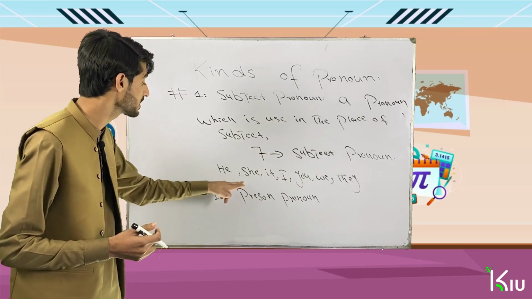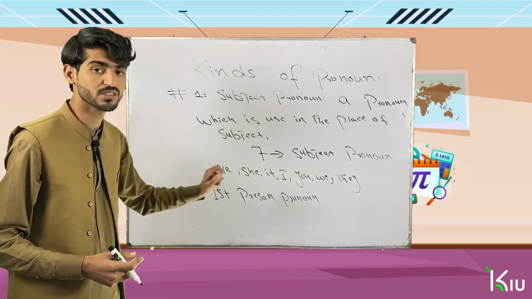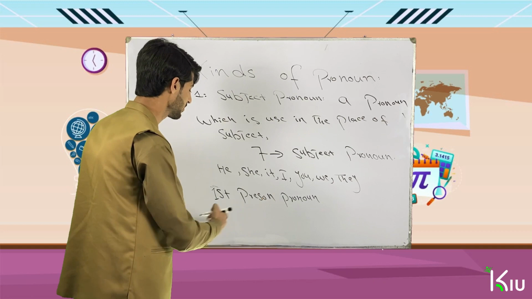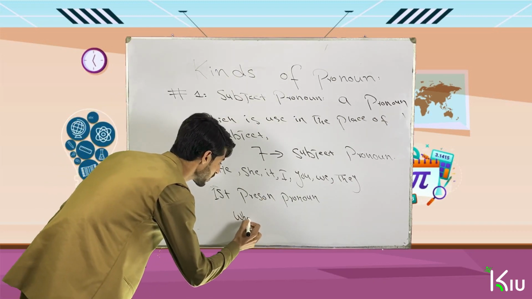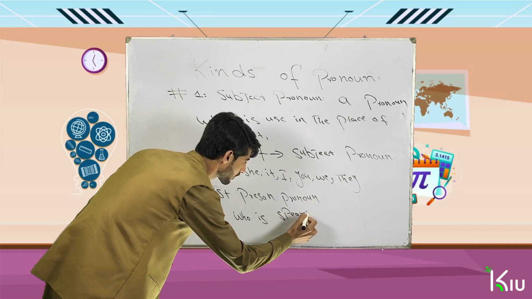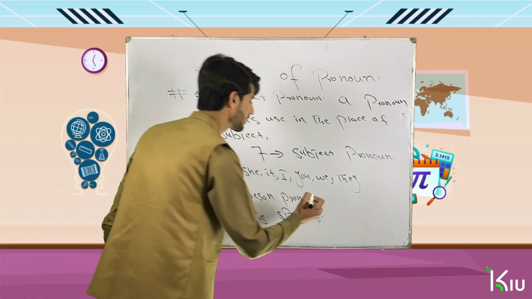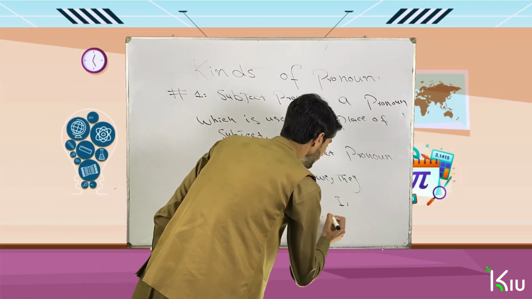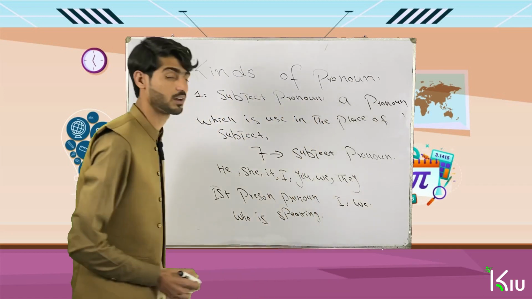Then we have divided these pronouns in three groups. Number first, first person pronoun. First person pronoun is a person who is speaking, okay? Who is speaking. And for first person pronoun, we have I as a singular and we as a plural.